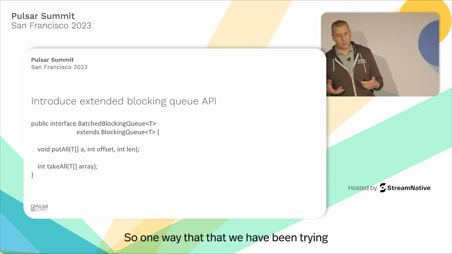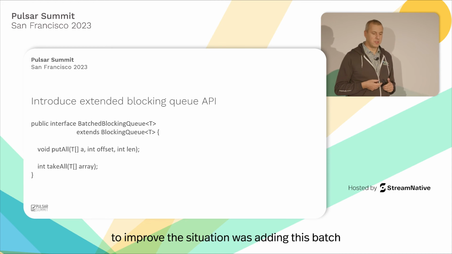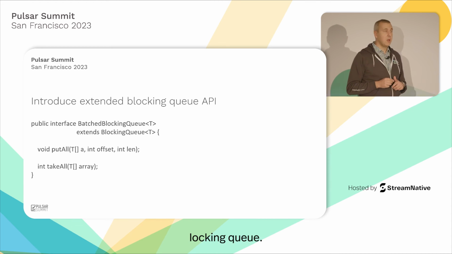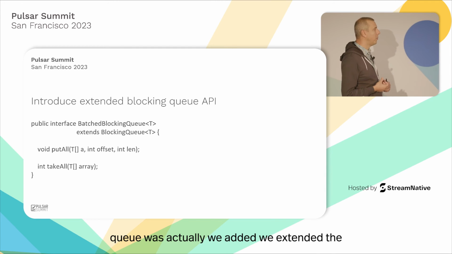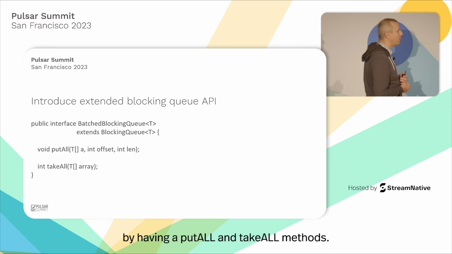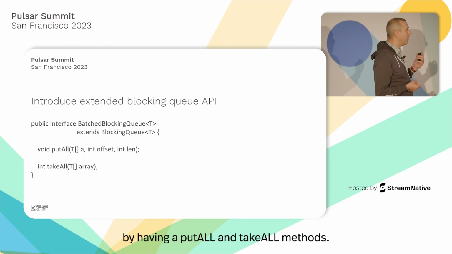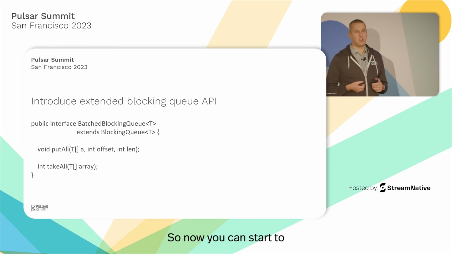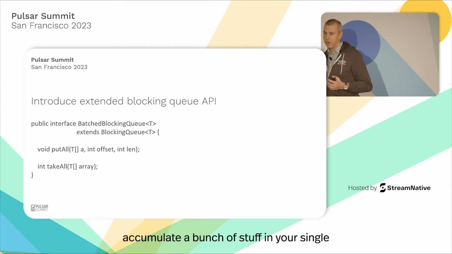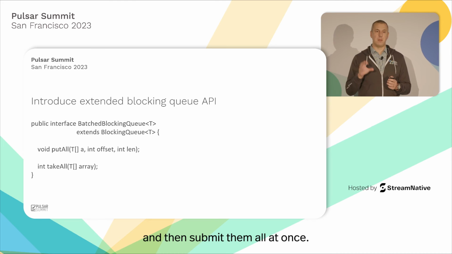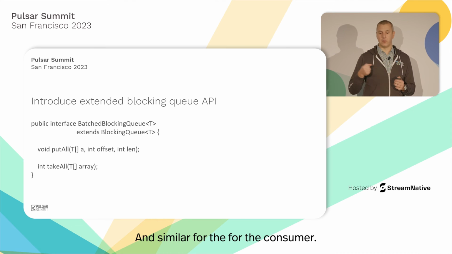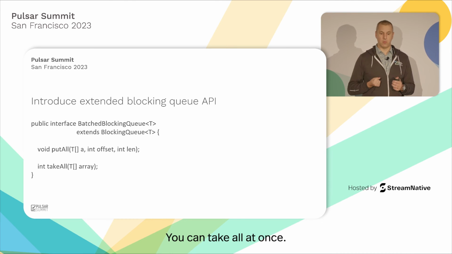So one way that we have been trying to improve the situation was adding this batch blocking queue. Essentially, we extended the blocking queue interface by having putAll and takeAll methods. So now you can accumulate a bunch of tasks in your single thread, and then submit them all at once. And similar for the consumer, you can take all at once.